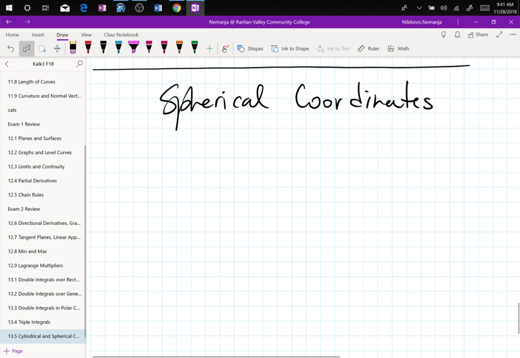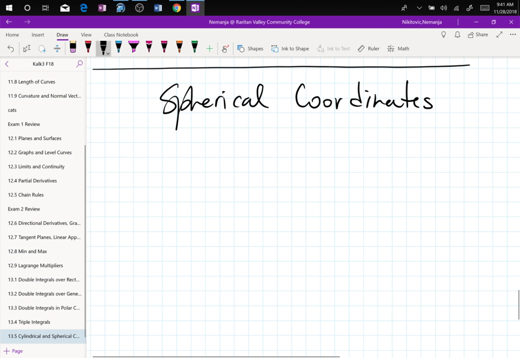So the angle phi will measure off of the z-axis, just like bearings measured off of the y-axis, pi over 4 east or west, right?